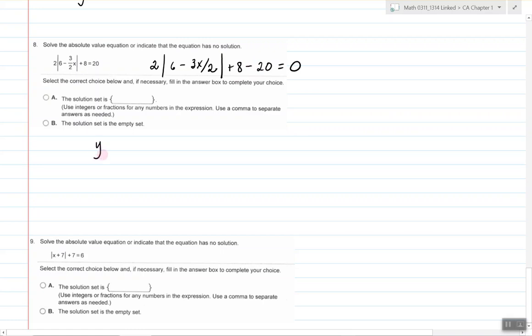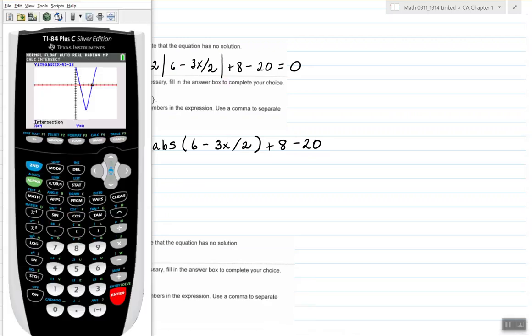So I have y1 is equal to 2. Most of you will have ABS, open parentheses, 6 minus 3x divided by 2, close absolute value, plus 8 minus 20, and y2 will be 0. Mine will actually have the absolute value bars. So here we go.